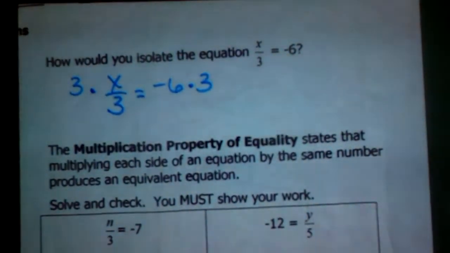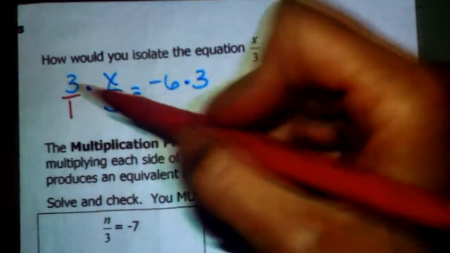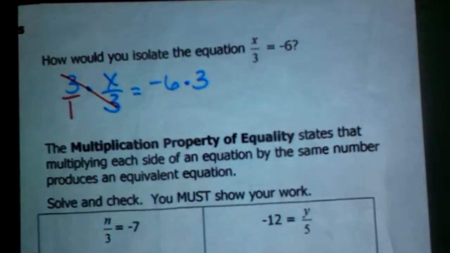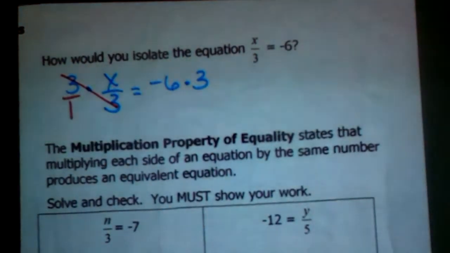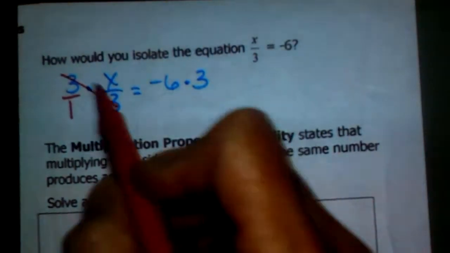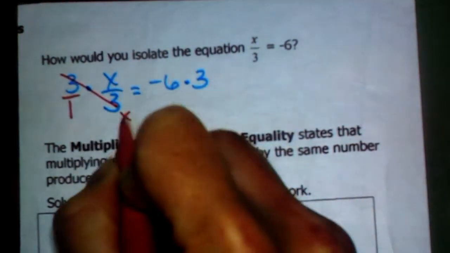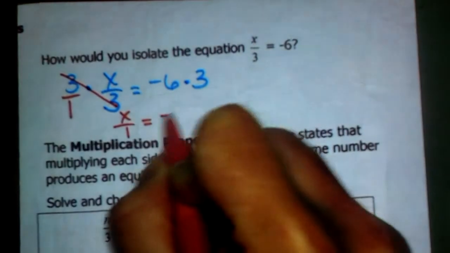This really means 3 over 1, right? And when you're multiplying fractions and you see the same exact number across from each other, didn't we say that that's gone? Now don't you have just x over 1 left? And negative 6 times 3 is negative 18.